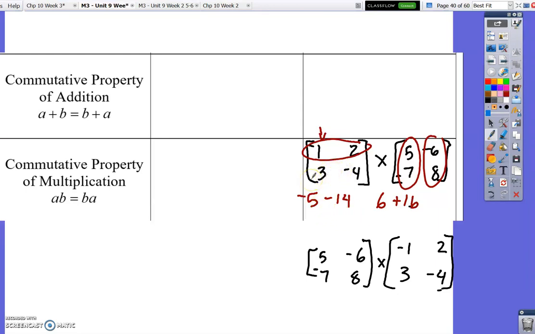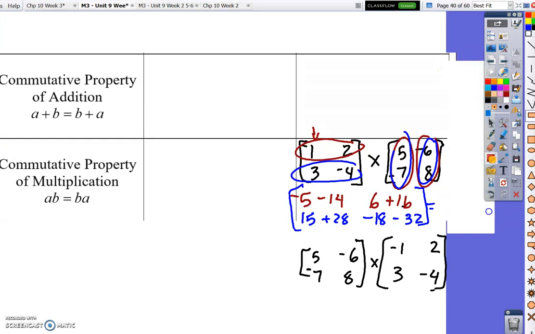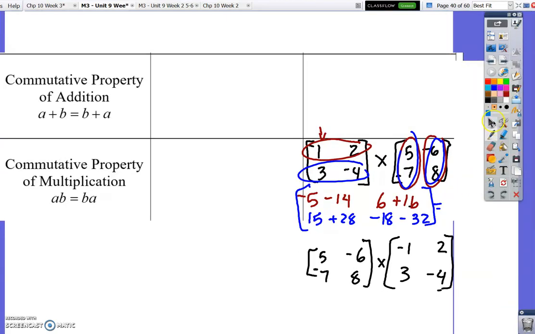Then we have this one times that, which is 15 plus 28. And for the other one, negative 18 minus 32. And so that becomes, let's get a rectangle over here.